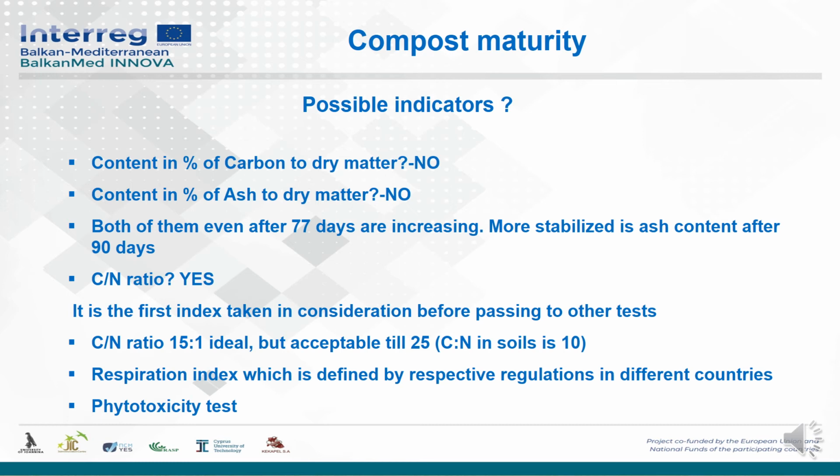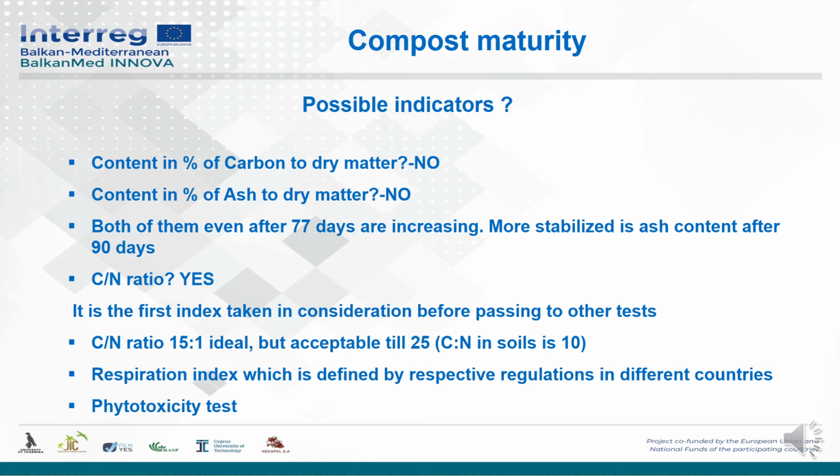So let's think still about possible indicators of compost maturity. What else? Content in percentage of carbon to dry matter. It is not an indicator. The question is content in percentage of ash to dry matter.